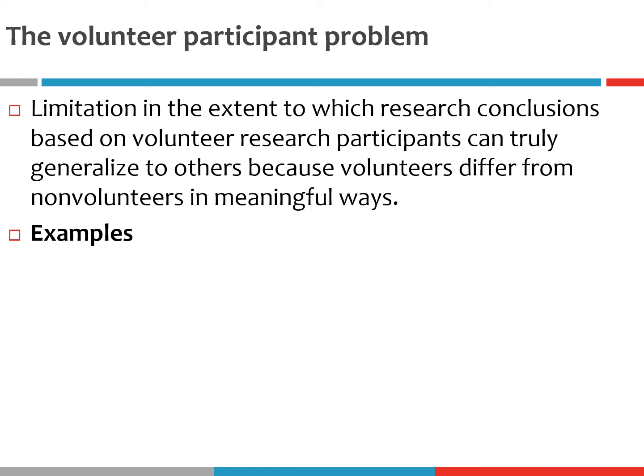So that's one instance where we don't know based on the results whether that's true of the general population or the people who did volunteer for the study differ in some systematic way from the people that didn't volunteer for the study. Okay.